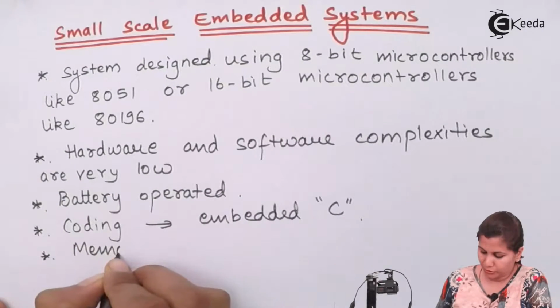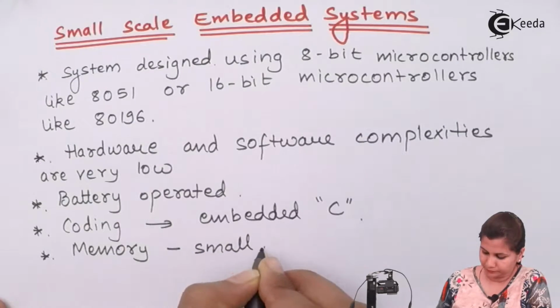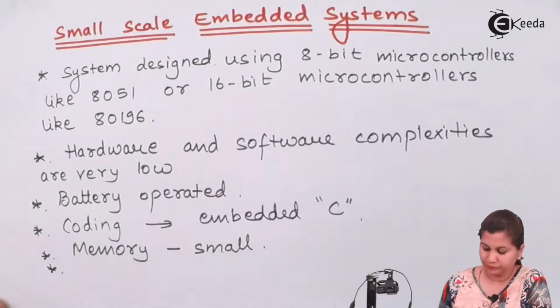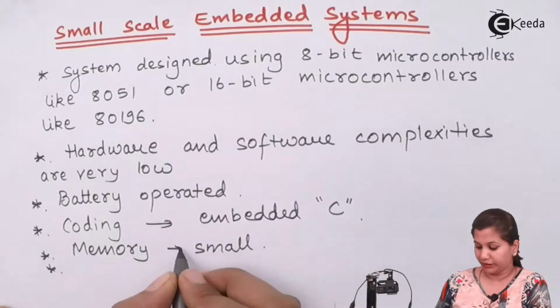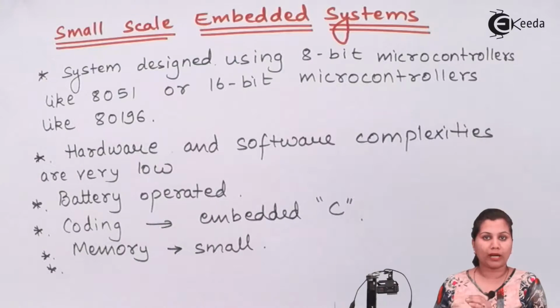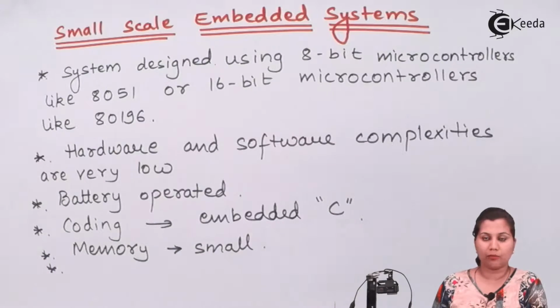Also, if we talk about memory, their memory will be small. So if memory is small, then we have to keep in mind that the programs and software and the data which is to be stored in memory should also be small.